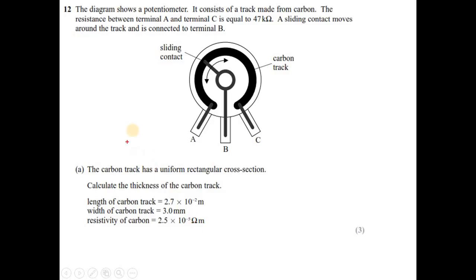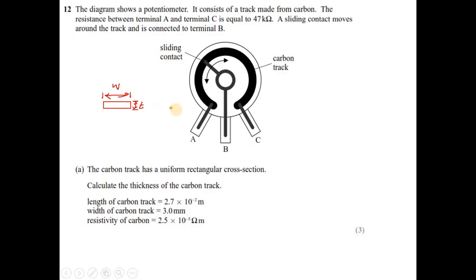If you see, the cross-sectional area of this track is rectangular, something like this. They have given us the total length of the track, and the width means we have this. This is the width, and we need to find the thickness. I'm just going to call it T.